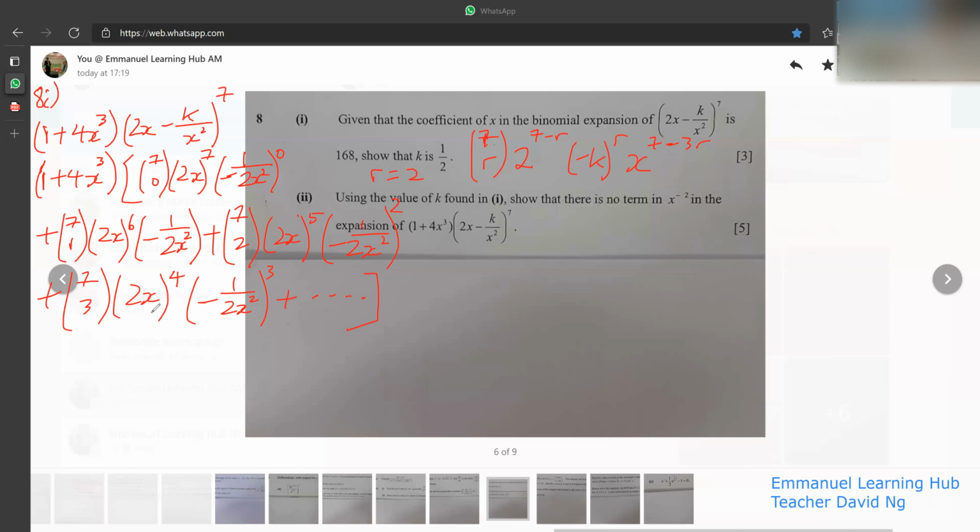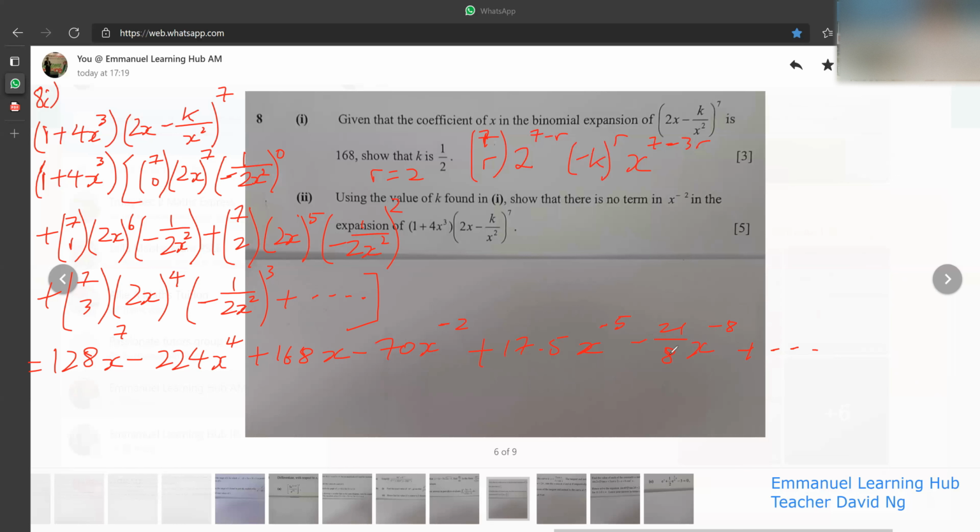Then this one you continue. You will end up with 128 x to the power 7, minus 224 x to the power of 4, plus 168 x, minus 70 x power negative 2, plus 17.5 x power negative 5, then minus 21 over 8 x power negative 8, plus dot, dot, dot.